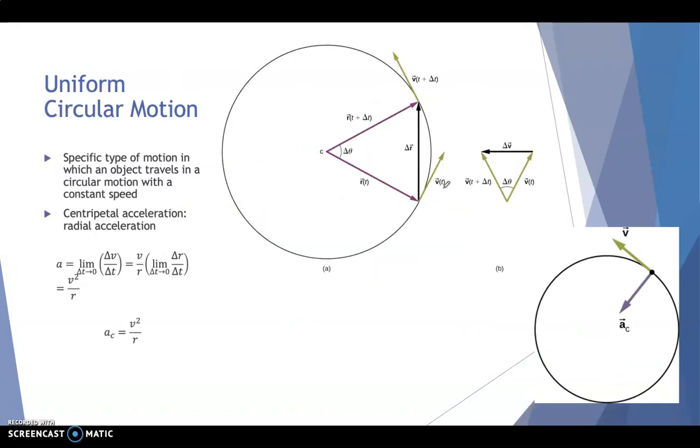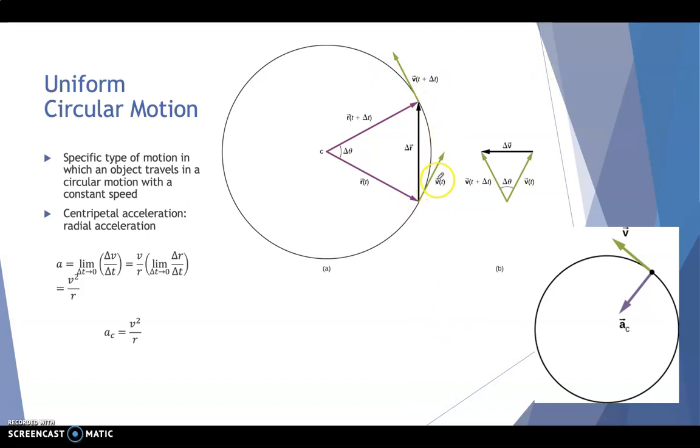All right. Next, we need to touch on uniform circular motion, and we'll get more in depth with it later on in the course. But this is just kind of to get your mind rolling on it. This is a certain type of motion where an object travels in a circular motion with a constant speed.